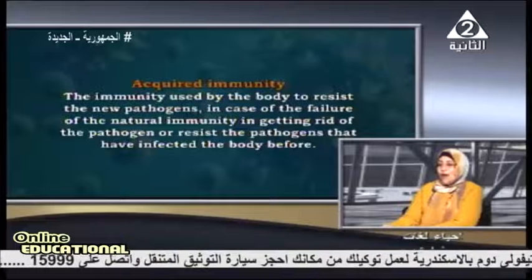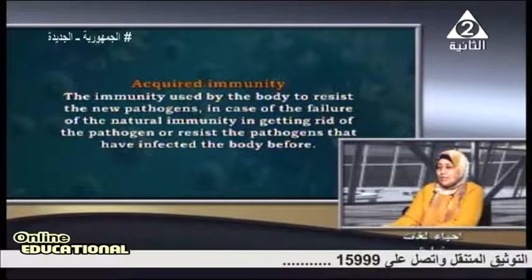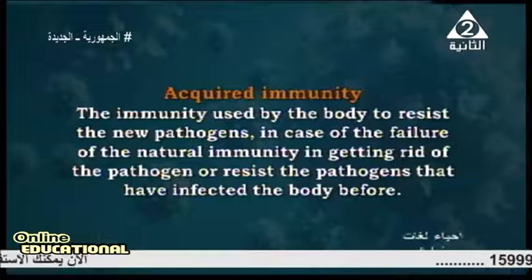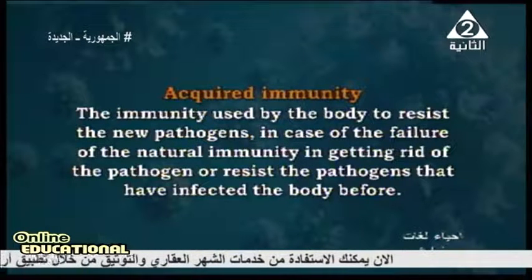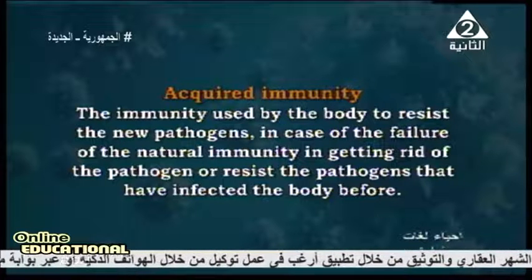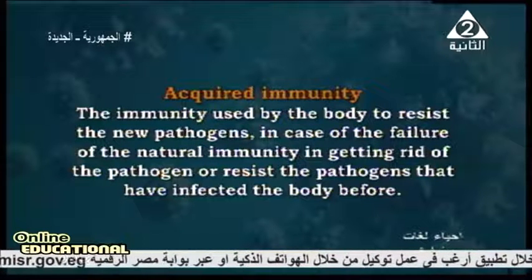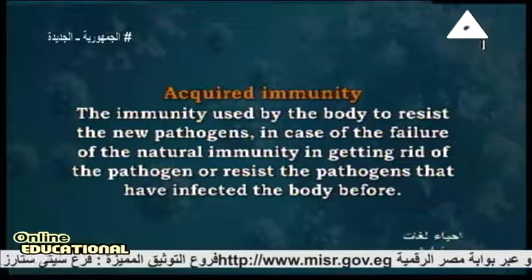What is acquired immunity? Acquired immunity is the immunity used by the body to resist a new pathogen in case of failure of the natural immunity in getting rid of the pathogen, or to resist pathogens that have infected the body before.